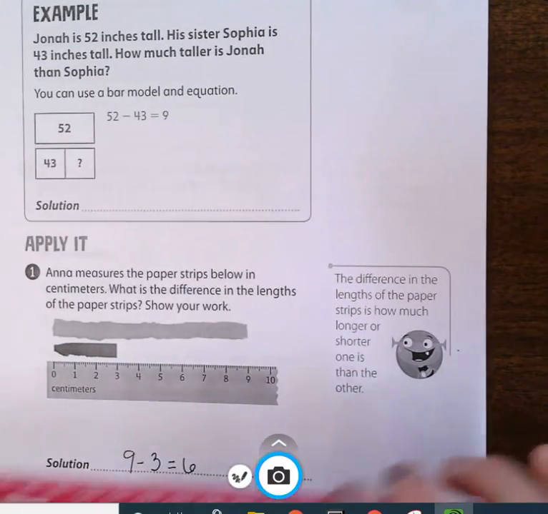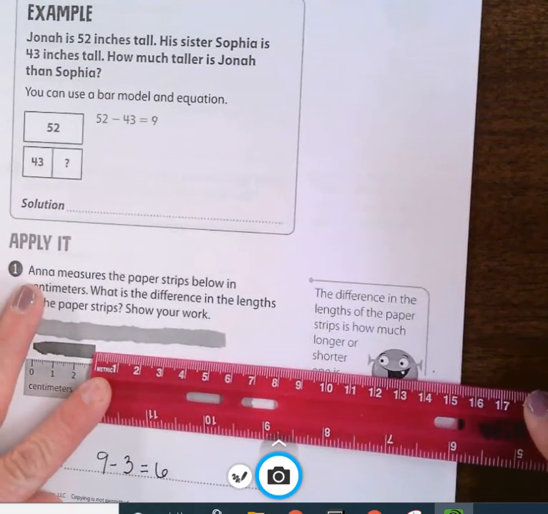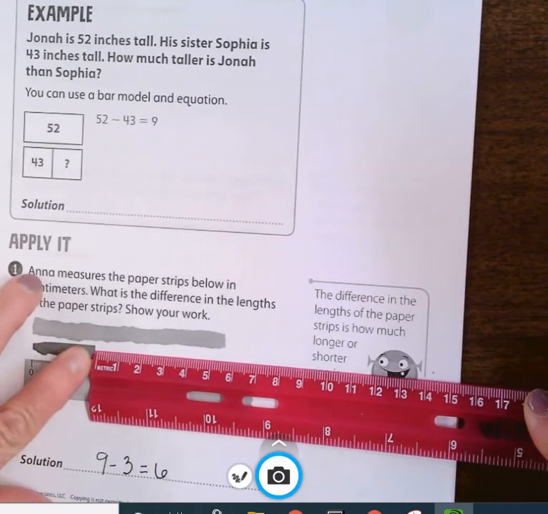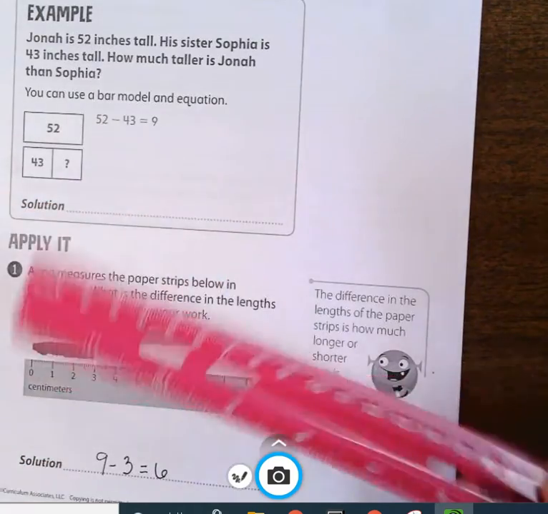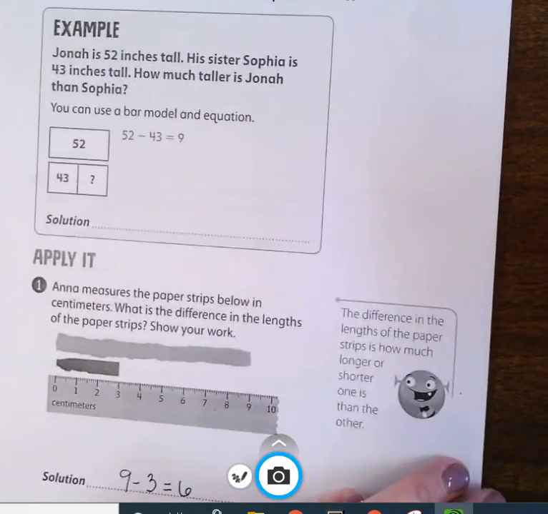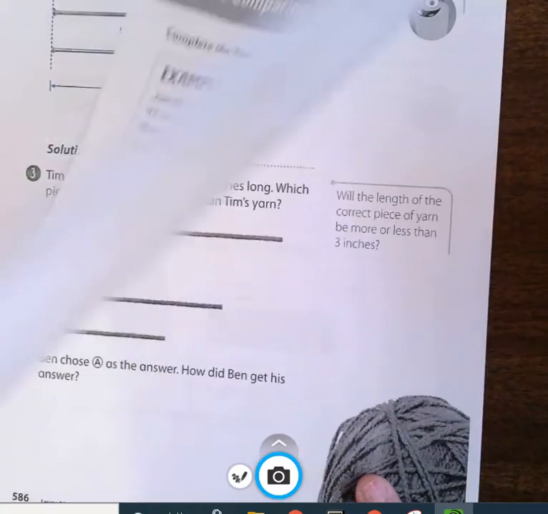You could also just take your ruler and measure the difference. Line up the 0 to the shorter one and see how far it goes, which is the same as 6 inches, or centimeters, not inches.